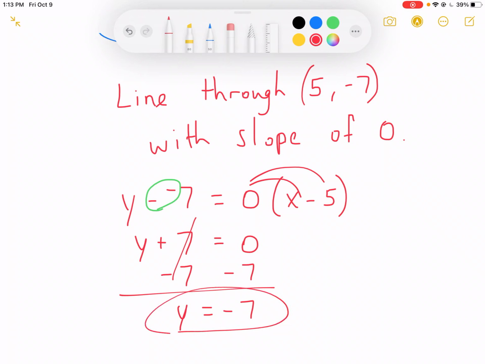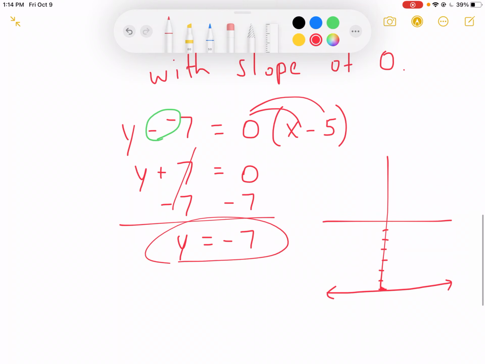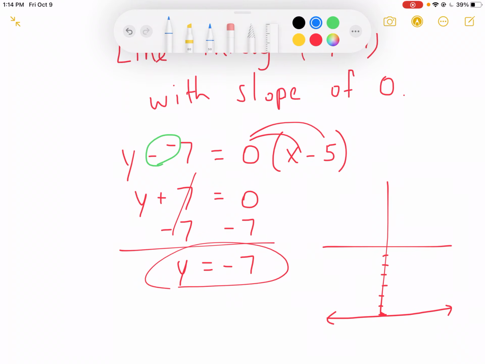That seems kind of weird to us, but we talked about ones like that when we wrote equations earlier this week. Like on Monday or Tuesday, we talked about equations, and sometimes we see equations that, like, if it's y equals negative 7, that means that I'm down 7 on the y-axis, and I have a point there, and then it's a horizontal line, right? A slope of 0, and that's what they told us here, right? Slope of 0.